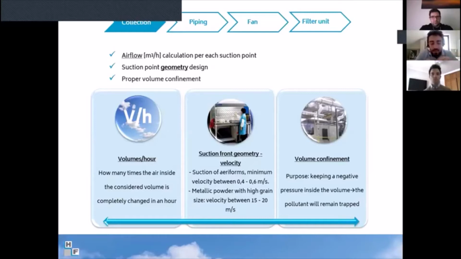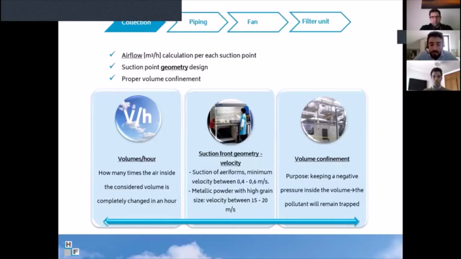In this example, it's very easy to calculate the airflow, because probably the construction of the machine tool is able to suggest a minimum airflow in order to guarantee the performance in terms of quality inside the machine. Then, with our experience, we can also suggest the proper airflow for a volume. In this case, we have only to calculate the volumes per hour that are needed.